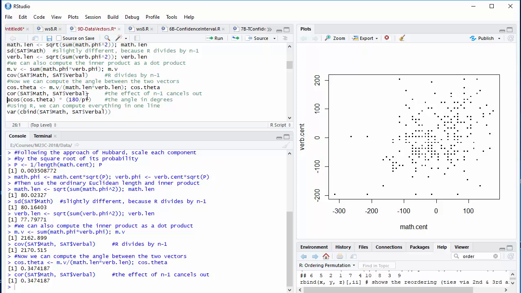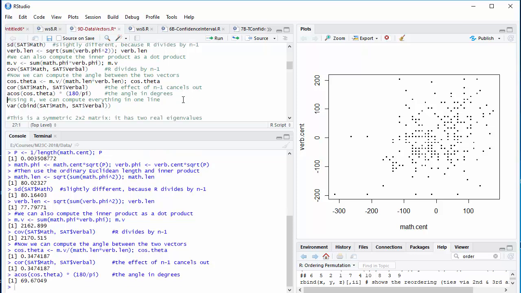If I want to go really geometric, I ask, what's the arc cosine of this value of the cosine function? And I multiply by 180 over pi to convert radians to degrees and say, these two vectors make a roughly 70-degree angle with one another. Of course, I can do everything in one line.